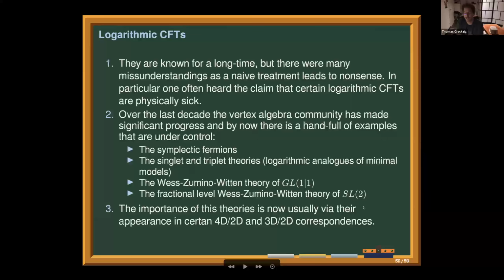Two-dimensional means conformal, or chiral conformal, that means vertex algebra. And it turns out that if you start with the higher dimensional unitary ones, the 2D theory has to be non-unitary, and non-unitary usually wants to be also logarithmic. So in particular, there has been a nice interplay between these types of things and correspondences to higher dimensional theories.